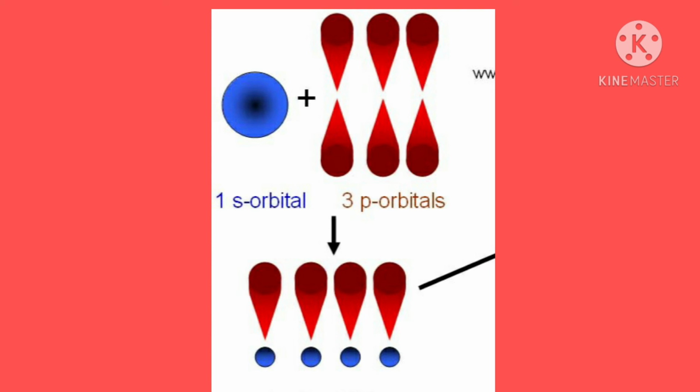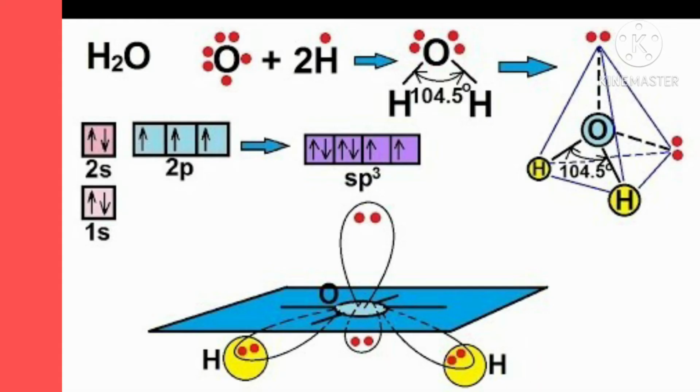So the valence electrons are equally distributed among the 4 sp3 hybrid orbitals: 2 of the sp3 hybrid orbitals will have 2 electrons, and the rest of the 2 sp3 hybrid orbitals have 1 electron each.